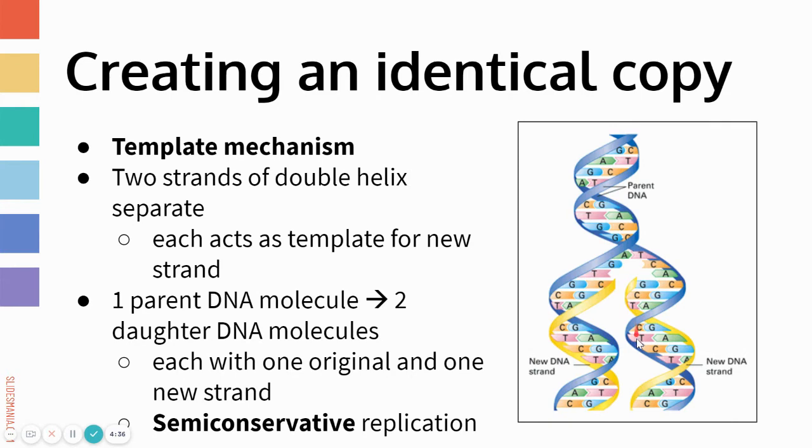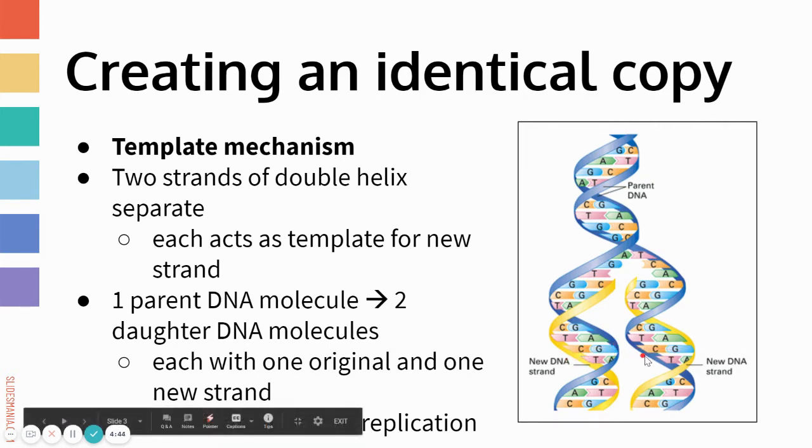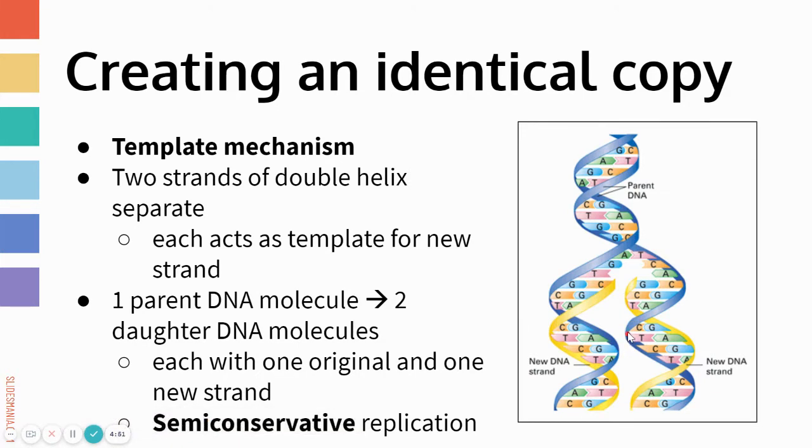So GC, GC, TA, TA, GC, GC, CG, CG. They're identical to each other, but they're also identical to what the parent DNA strand had as well. So we get two identical copies because of this template mechanism.